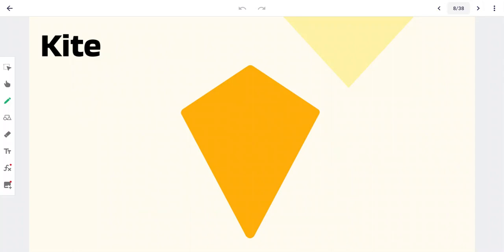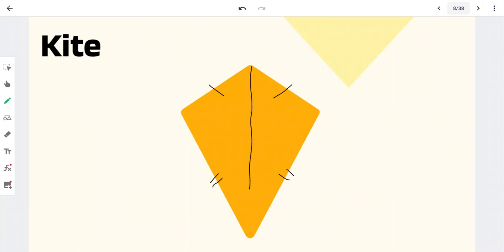Next is a kite. You might have used it in festivals, and you might have made it fly in the sky, right? It's a kite. So what are the properties of a kite? First one, the adjacent sides, not the opposite, are equal. These adjacent sides are equal.